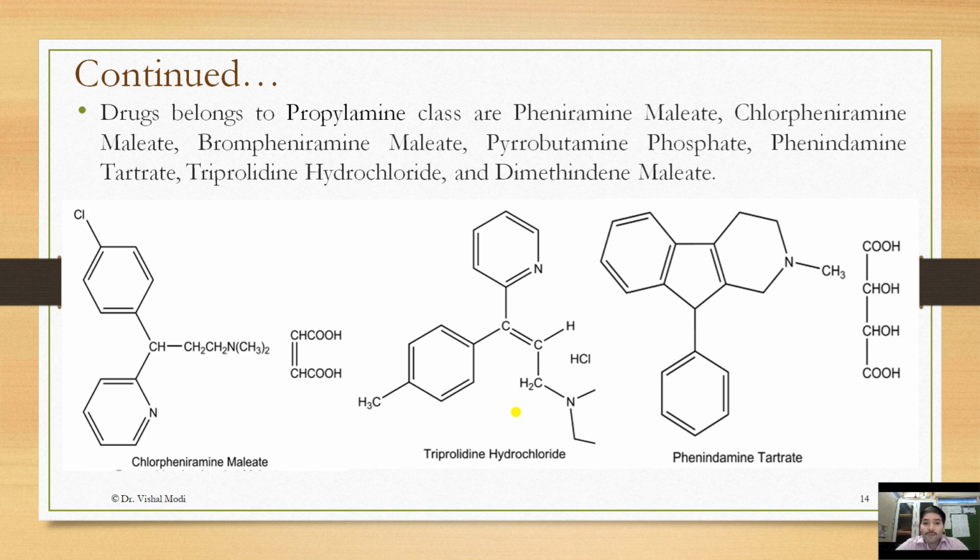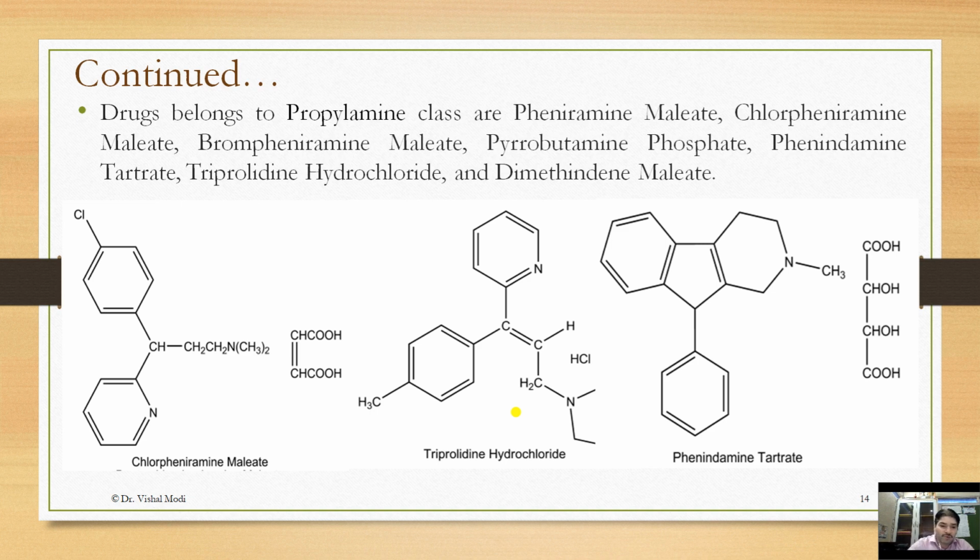Drugs belonging to the propylamine class are pheniramine maleate, chlorpheniramine maleate, brompheniramine maleate, pyrrobutamine phosphate, phenindamine tartrate, triprolidine hydrochloride, and dimethindene maleate. So, these are all the drugs belonging to the propylamine class, but apart from all these drugs, we have to remember these three structures: chlorpheniramine maleate, triprolidine hydrochloride, and phenindamine tartrate.